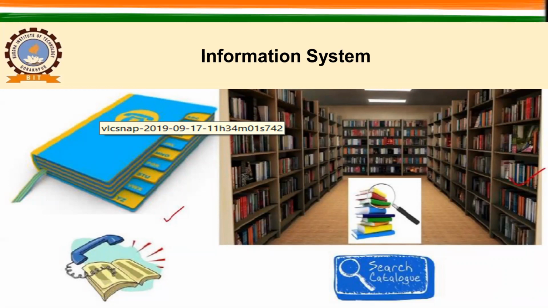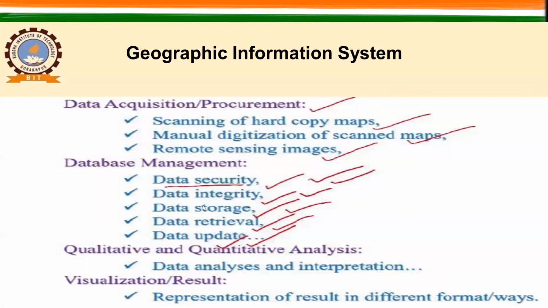Now, the next component which I highlighted in my previous lecture was the geographical information system component, right? So what are the different components we actually see in a GIS?